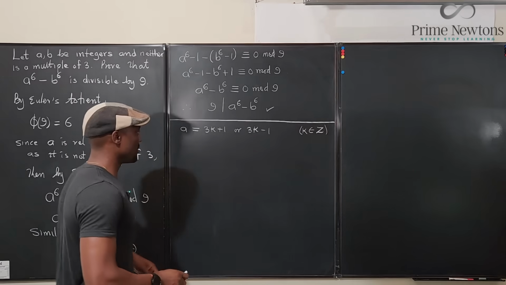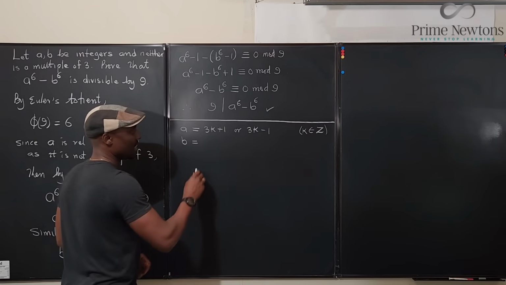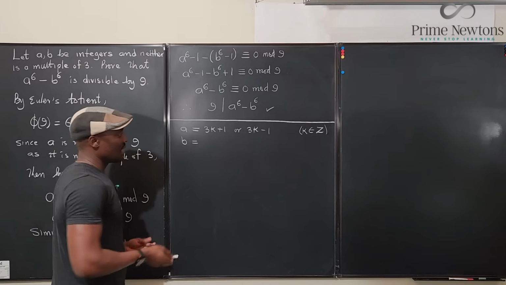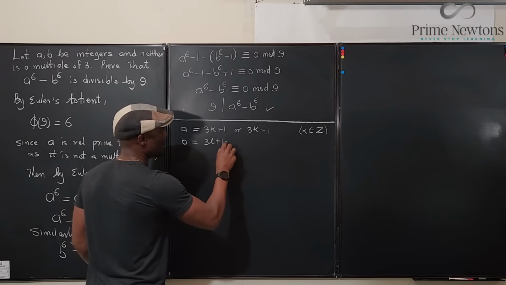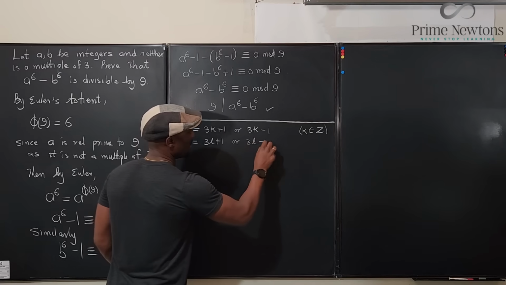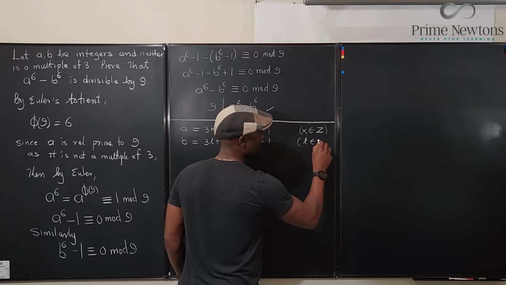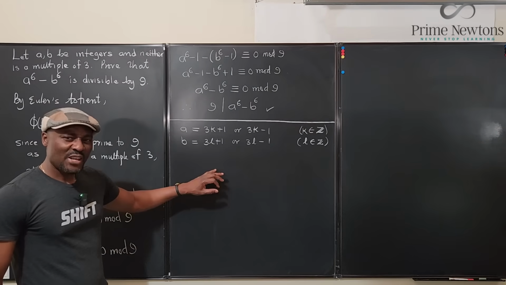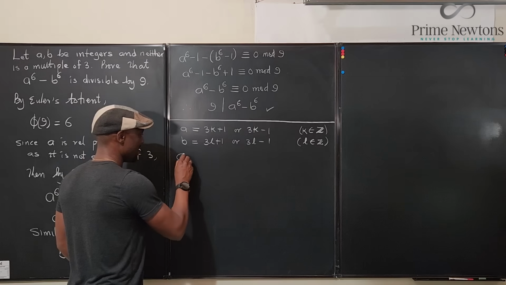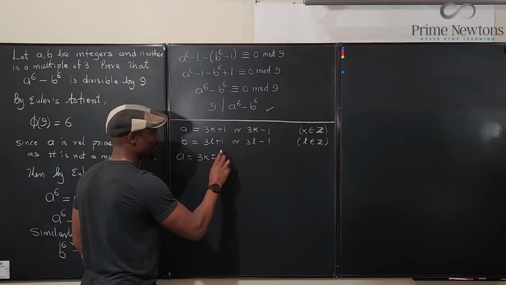Now, also, B is, let's say, 3L plus 1 or 3L minus 1, right? Where L is also an integer. Okay, so we can actually say that A equals 3k plus or minus 1.